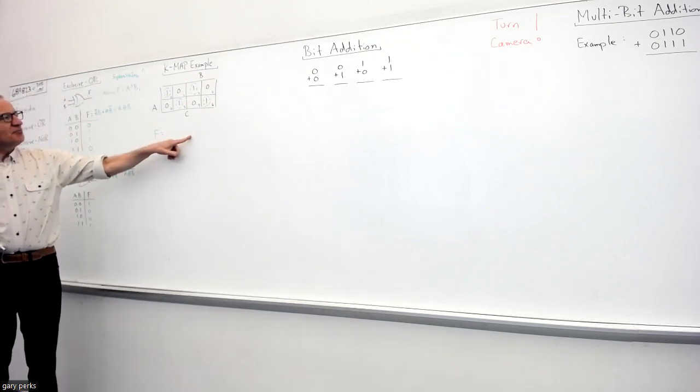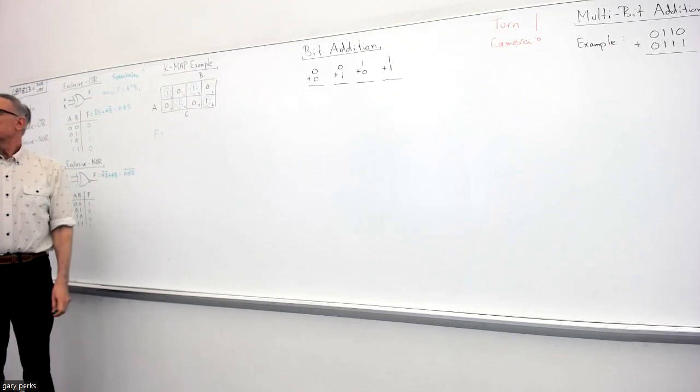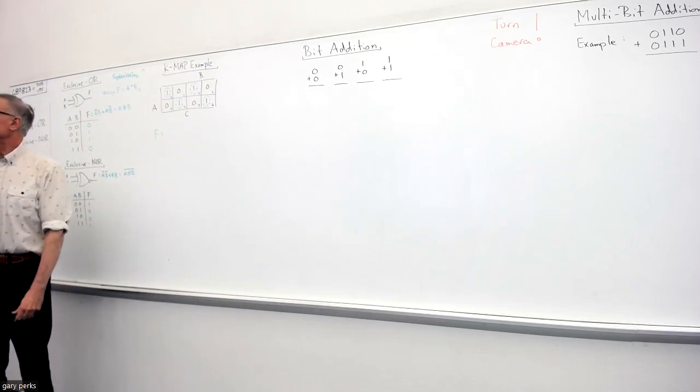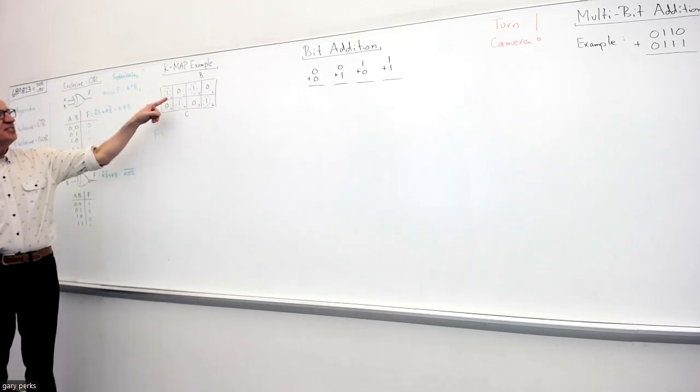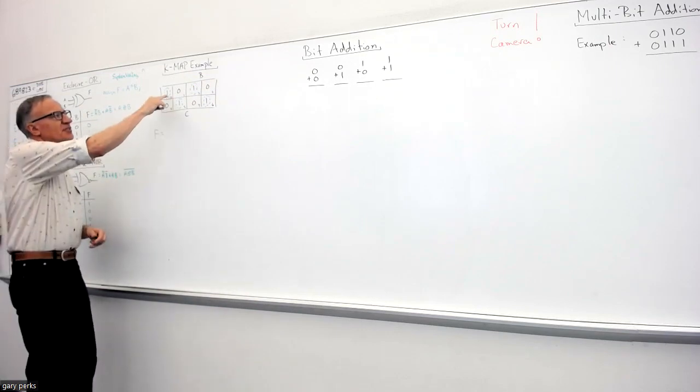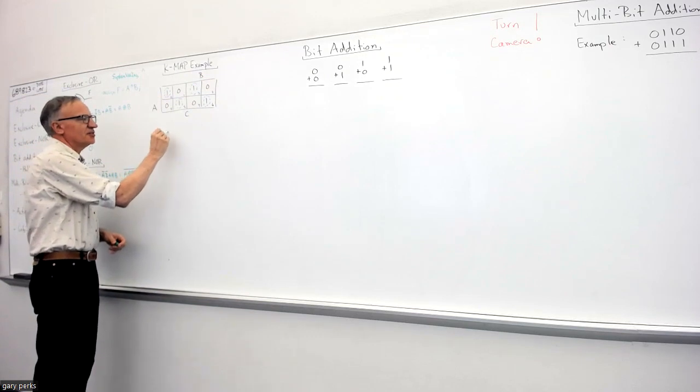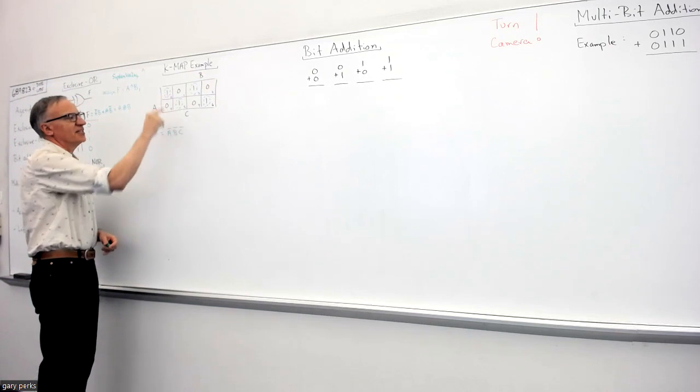So now I'm going to write the expression where each one variable term is going to be the cell. I'll get the term A, B, not C, right? That's 0.